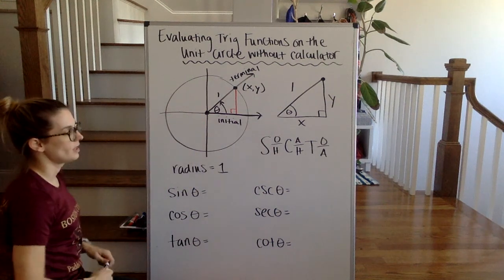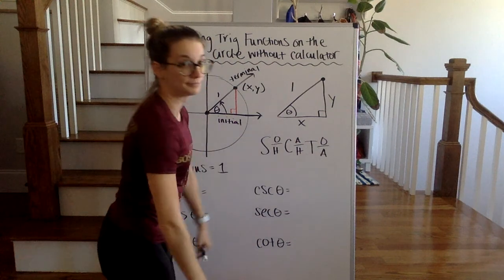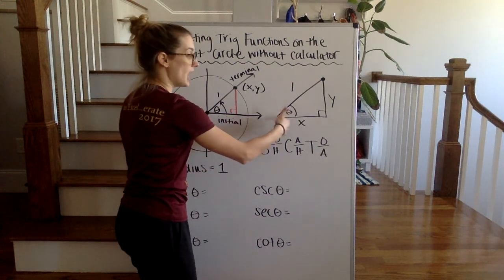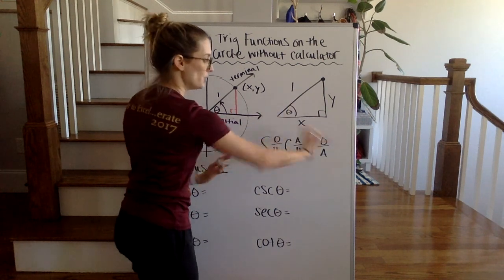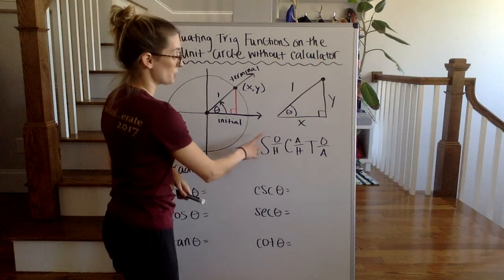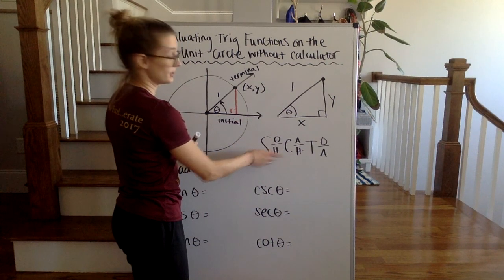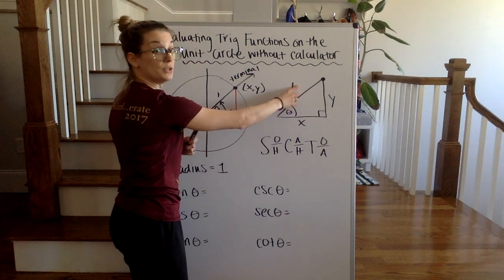All right, well here's what I want to do. I want to think back to what we know about SOHCAHTOA. Now, given this right triangle, I could actually figure out the sine of this angle, and the cosine of this angle, and the tangent of this angle, using what I know about SOHCAHTOA. So sine of an angle in a right triangle is the opposite over the hypotenuse. Sine of this angle is the opposite y over the hypotenuse 1.